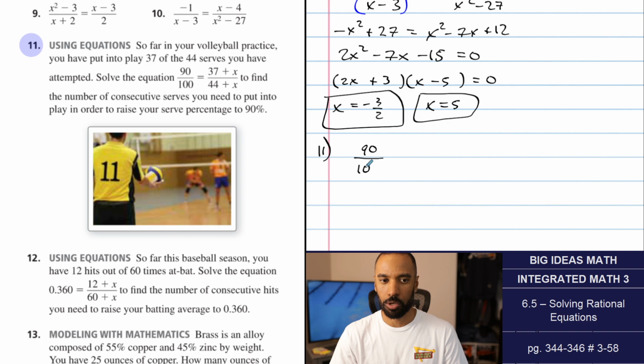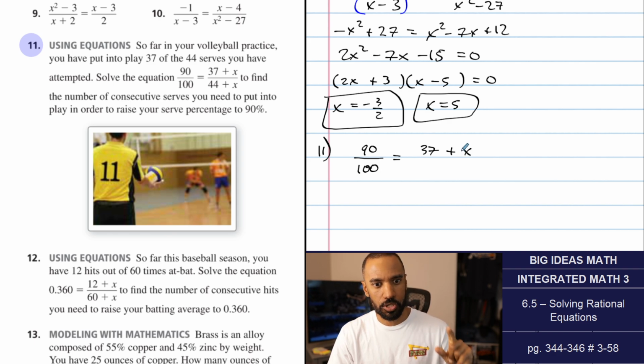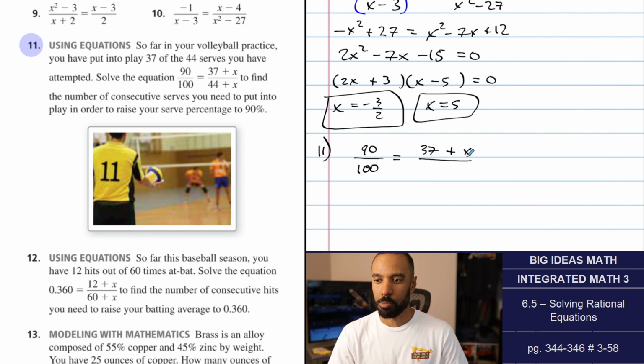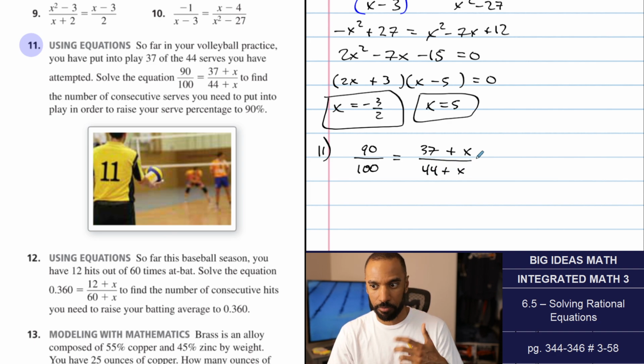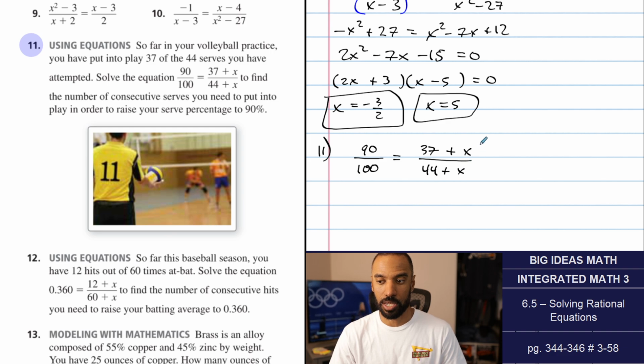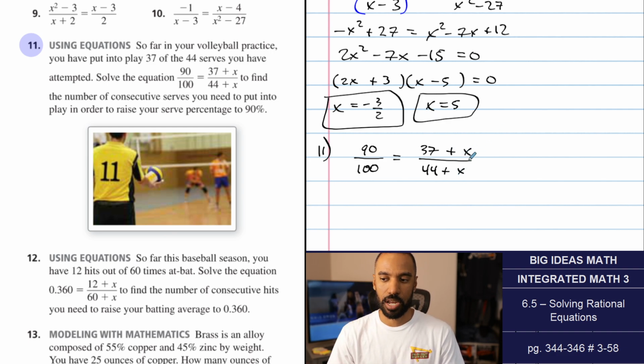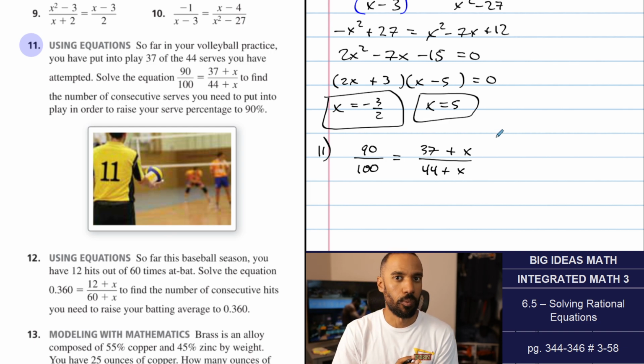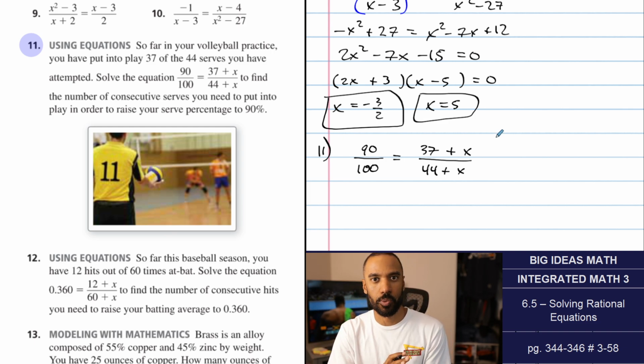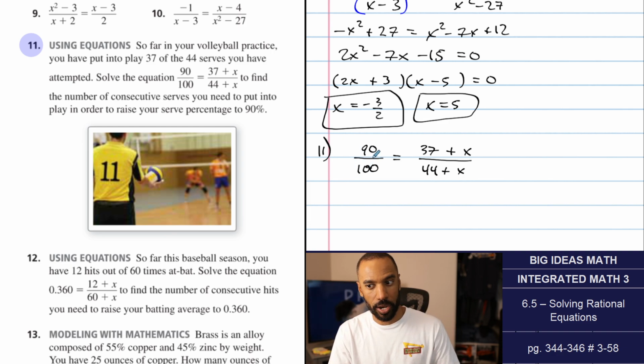You need to put this many more serves into play, and the number of attempts increases by the same amount. It needs to be a consecutive amount. We have to be a perfect 20 for 20, whatever it is, to get 90%.